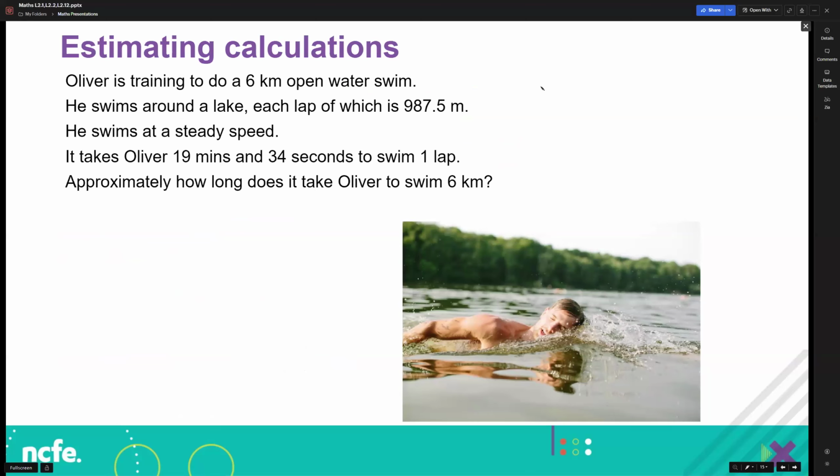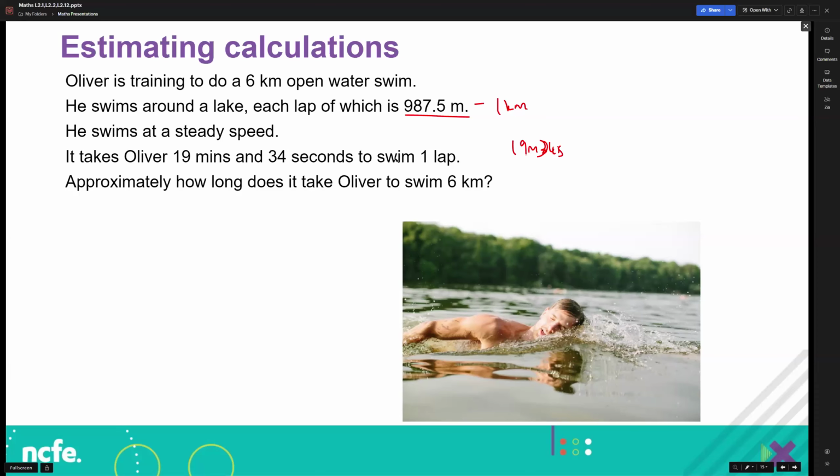Okay. Well, here's what we'll do. So each lap isn't this much. We round this to 1 kilometer. So he takes 19 minutes, 34 seconds to swim one lap. We rounded the distance of each lap to 1 kilometer.